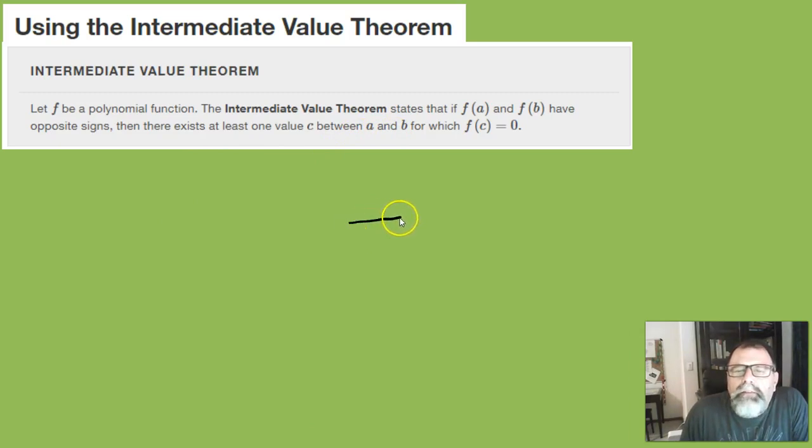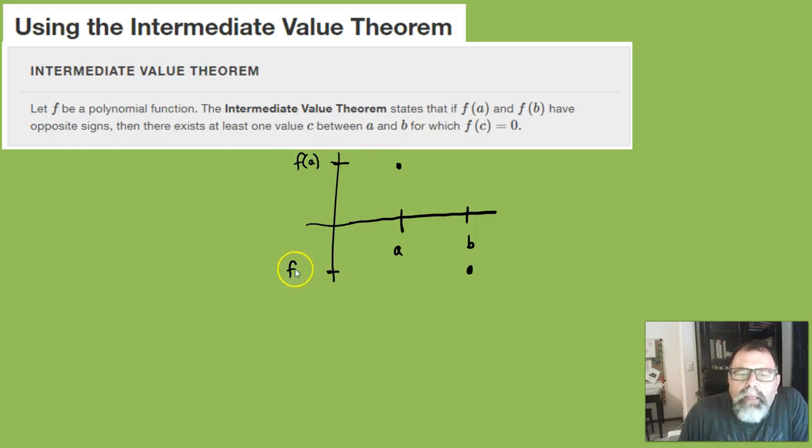So the idea then is, remember, a and b are input values. Those are your x values. So let's say here's a and here's b, and f of a, one of them's positive. So let's say this is f of a. On the y-axis, this would be f of a, which would be positive, and this would be f of b, which would be negative.